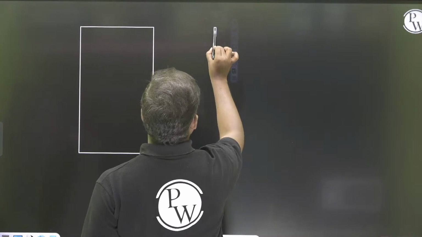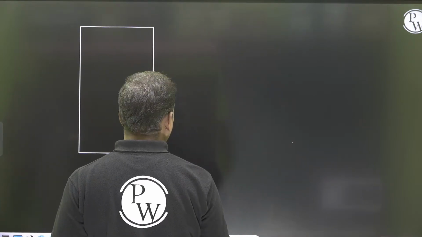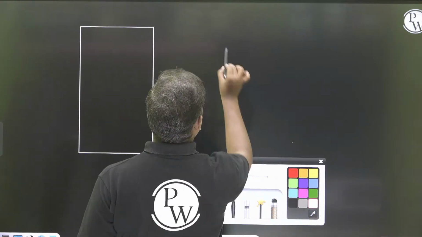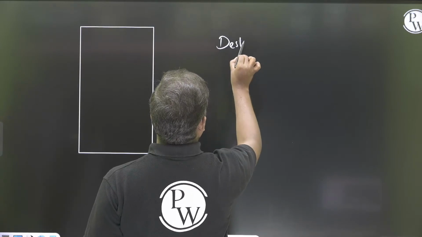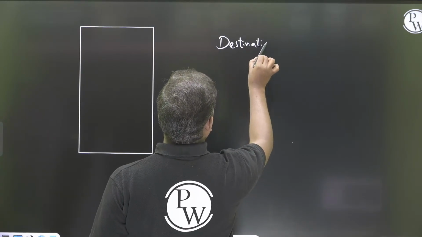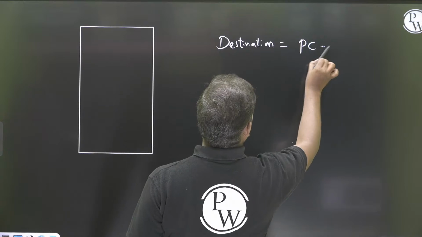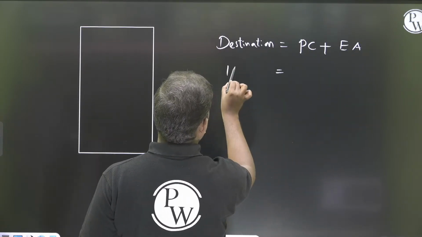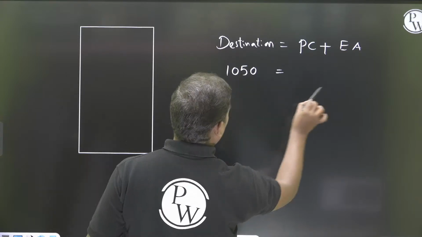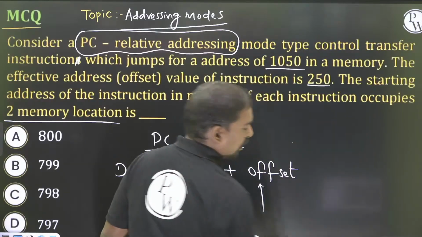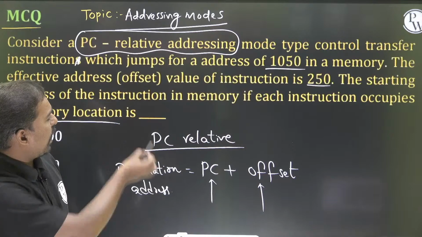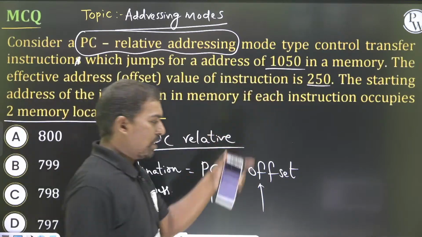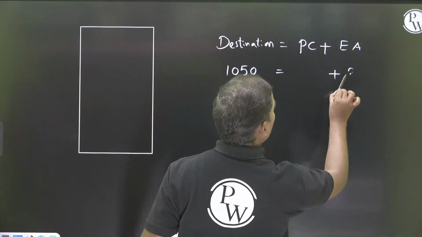So the destination address is given as 1050. The destination is equal to PC plus relative address, that is the effective address. If you see clearly, the effective address is given as 250, my dear.